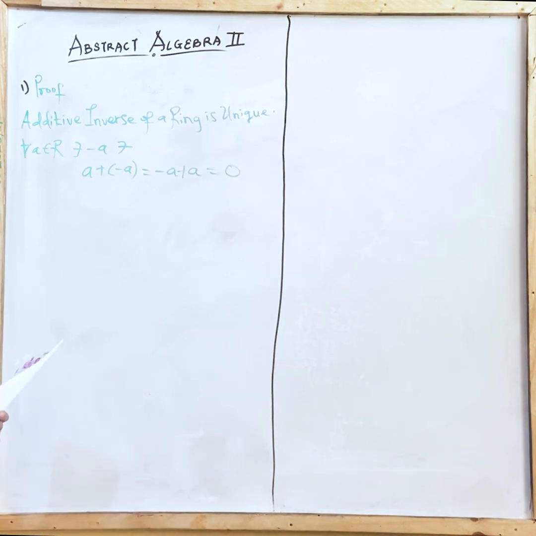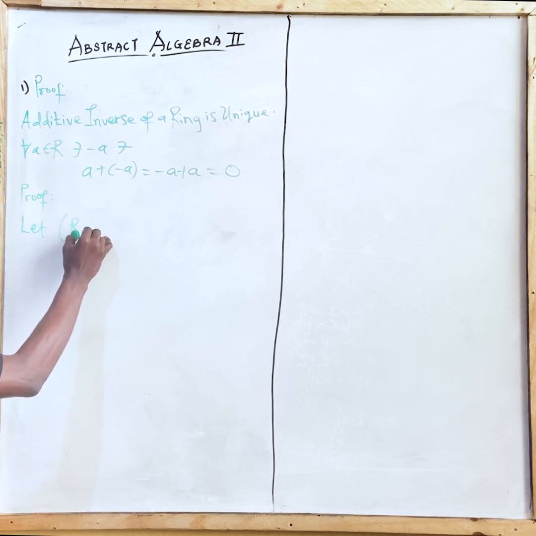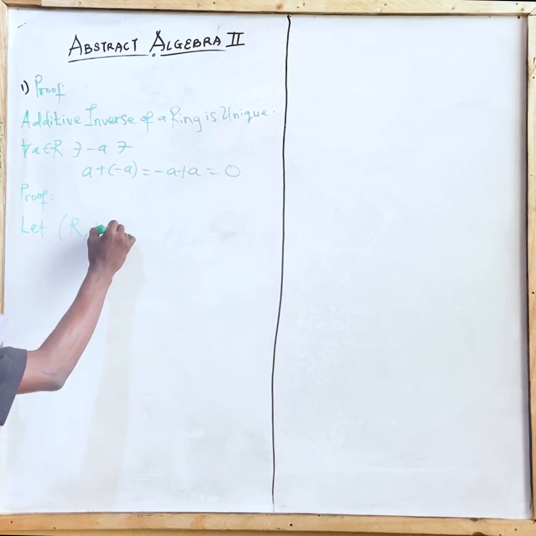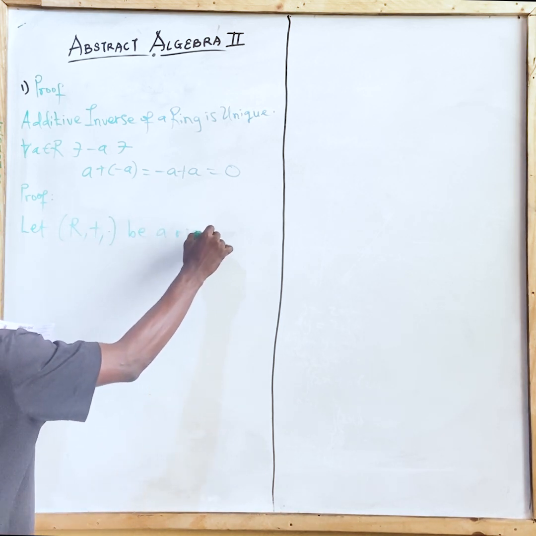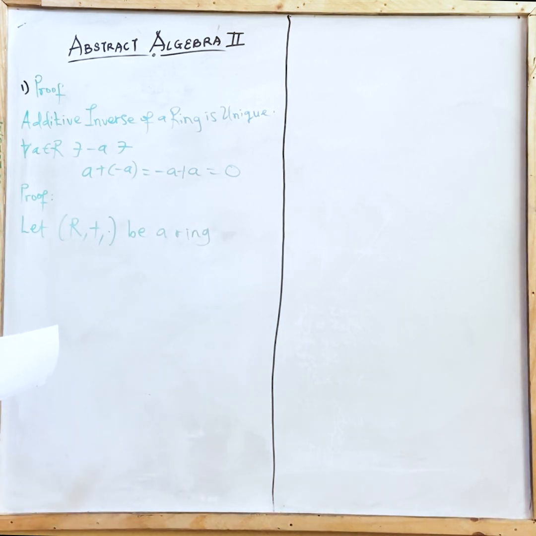So if I'm going to prove that, I'll start by saying let R be a ring on both addition and multiplication. Then I will assume that there are two additive inverses.